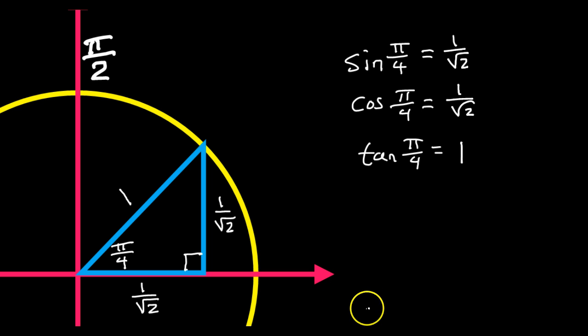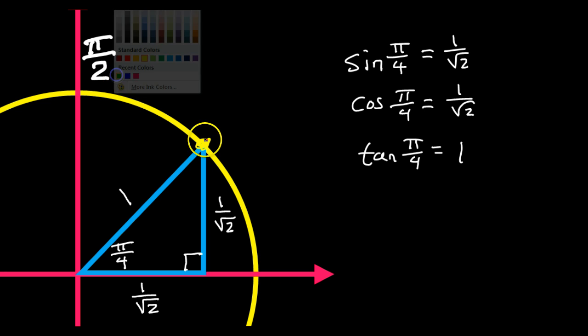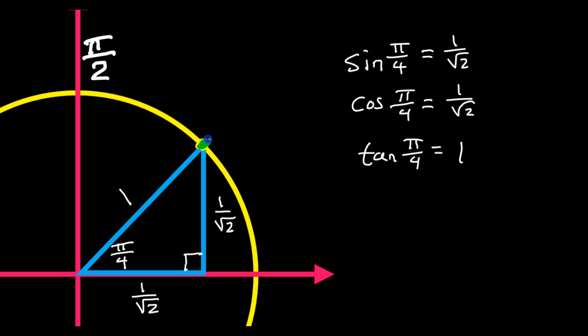Now, before I go on to the reciprocal trig functions, let me just mention as a side note, we are often interested in the coordinates. Let me use a different color. I'll try green. We are often interested in the coordinates of various points on the unit circle. So please understand that we have also just found the coordinates of this point if we needed them.